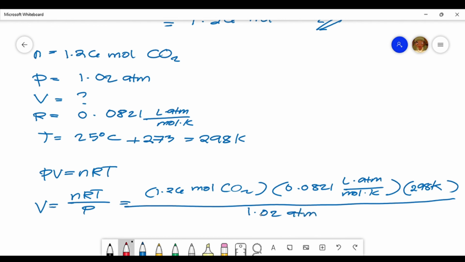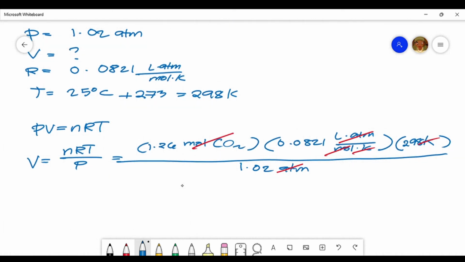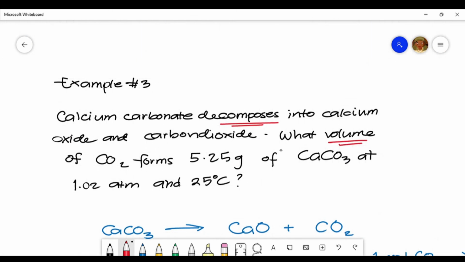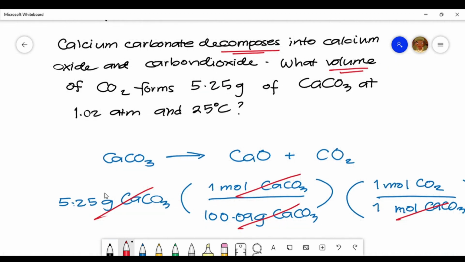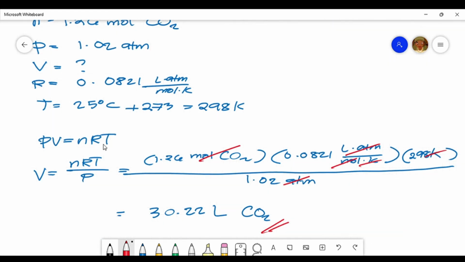Let's cancel what we can cancel: the mole, the K, the atm. Now we're left with the liters. Now we solve this one. We have 30.22 liters of CO2. This one is the final answer. We achieved our goal, which is to find the volume of CO2. Okay, and that's it. Thank you for watching.